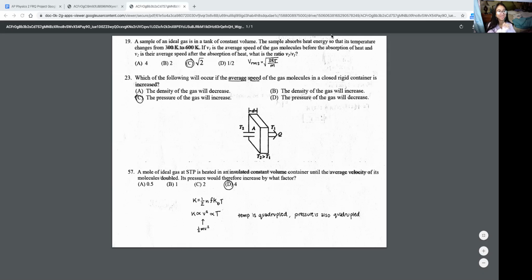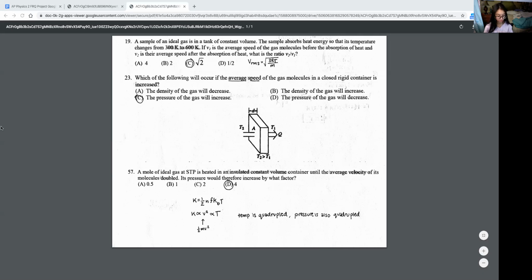Next question. Which of the following will occur if the average speed of the gas molecules in a closed rigid container is increased? Usually it would cause an increase in volume, but we know that this is a closed rigid container.